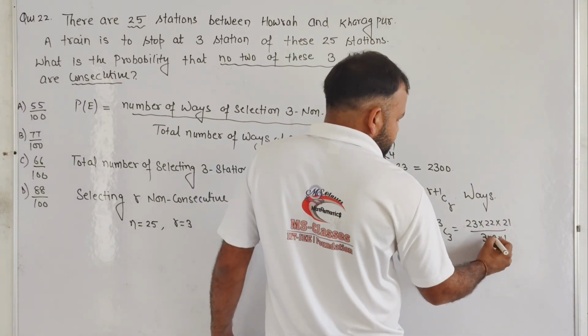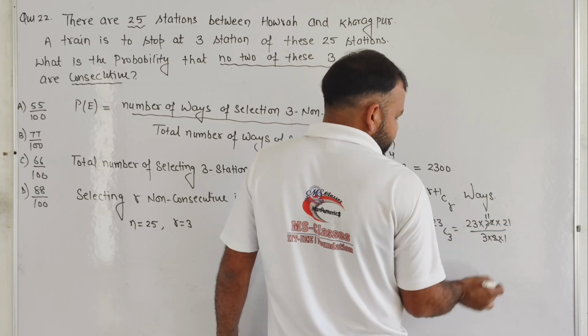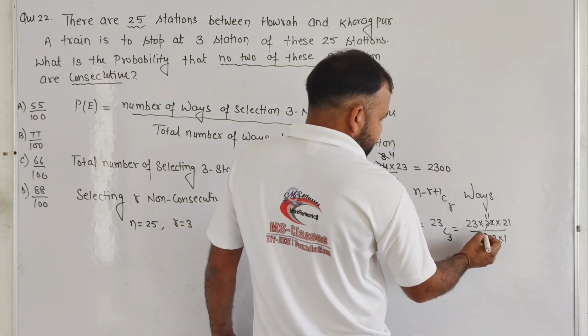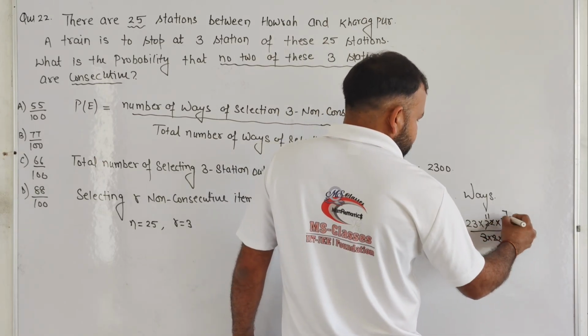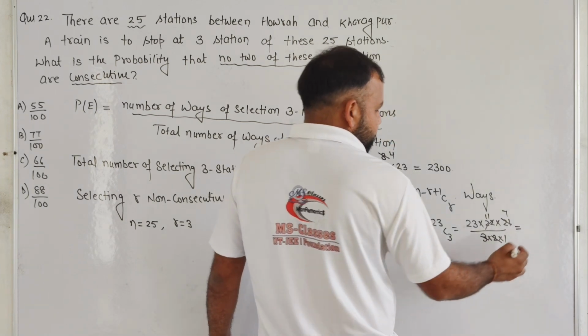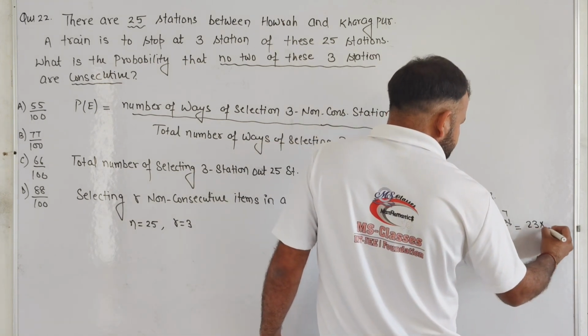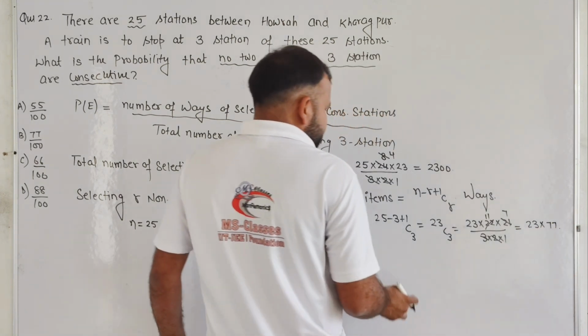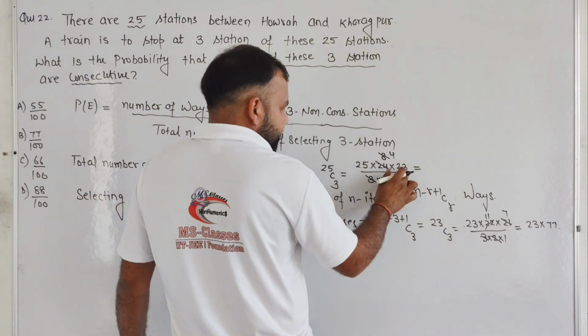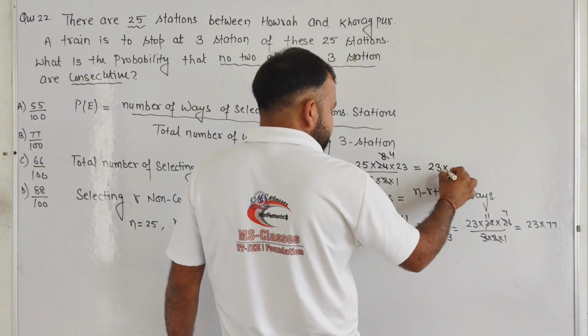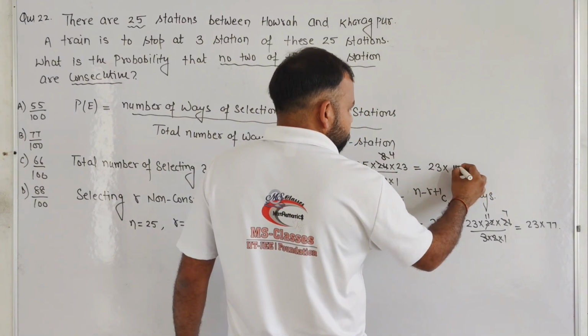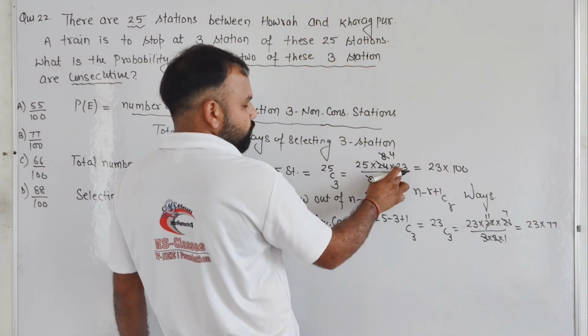Student, you can see it can be cut by 11 and by 7, so it can be written as 23 into 77. I think that is a good way.